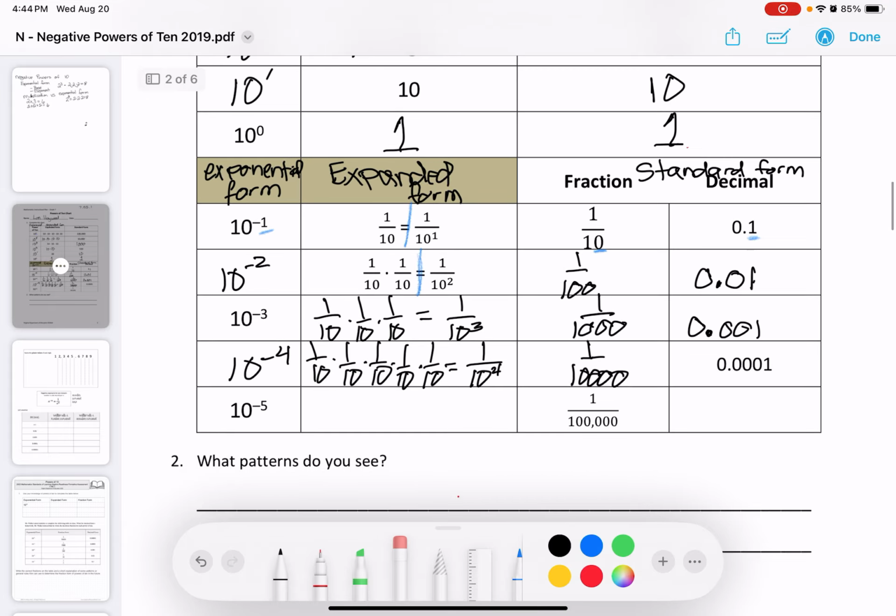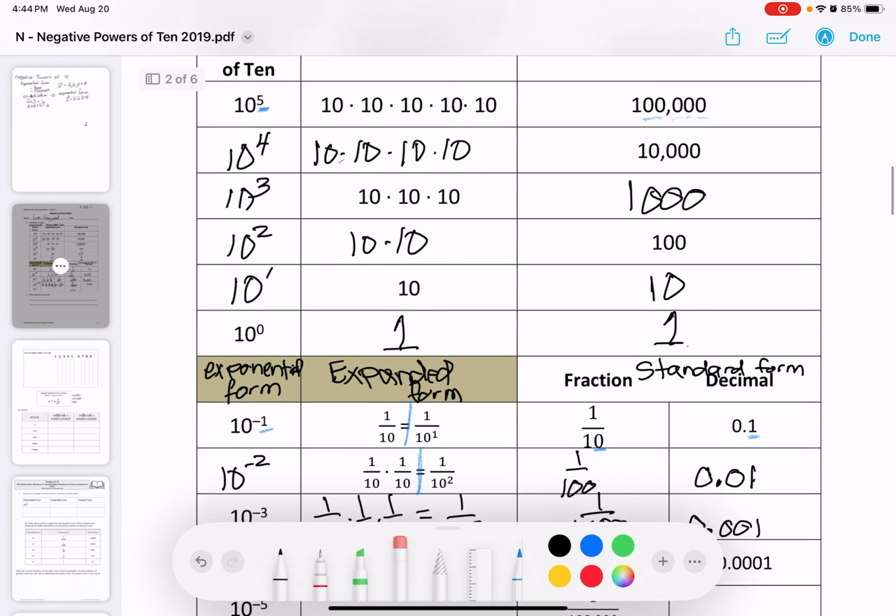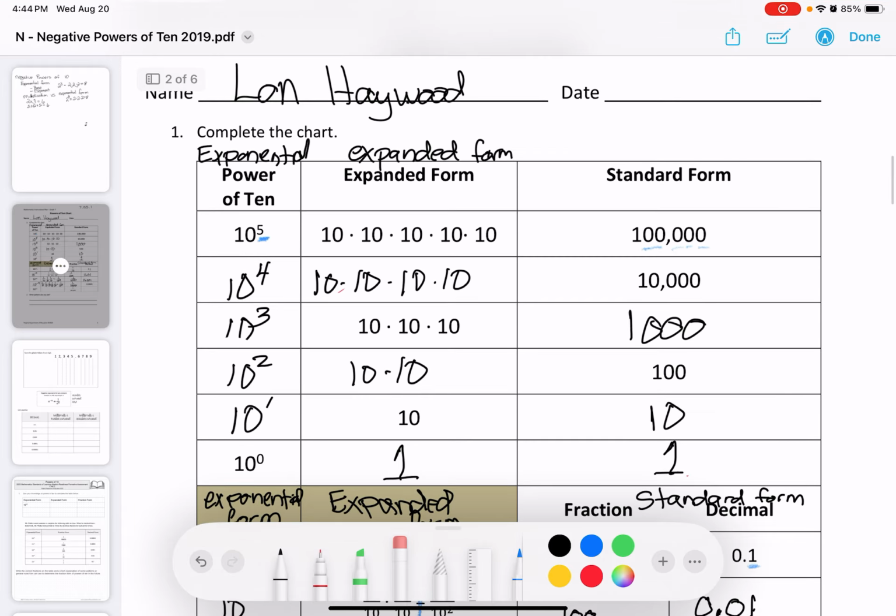If we have a negative exponent, our number is going to be between 0 and 1. If we have a negative exponent, it can always be written as a fraction, as a decimal, as a positive exponent, and as factors of 1/10. When we have a positive exponent, that exponent is going to tell us how many times we're going to multiply 10 and how many zeros after the 1.